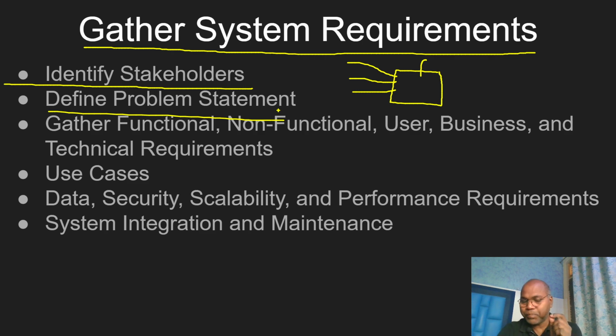While talking to the customer, you can gather lots of requirements: functional requirements, non-functional requirements, user details, business requirements, and all the other technical stuff which you as a system engineer want to talk about.